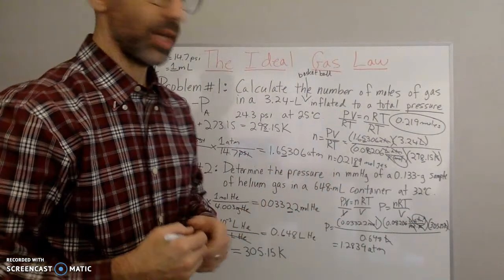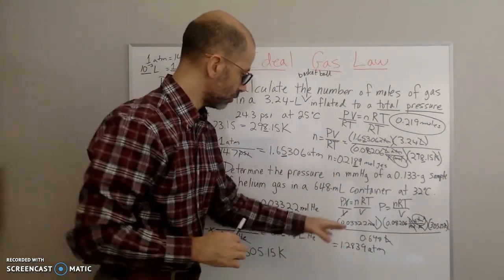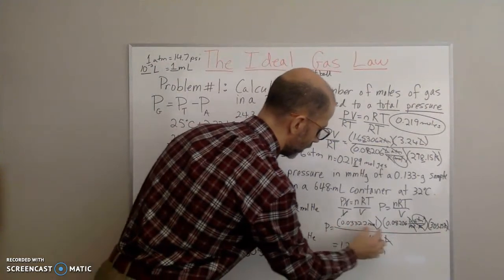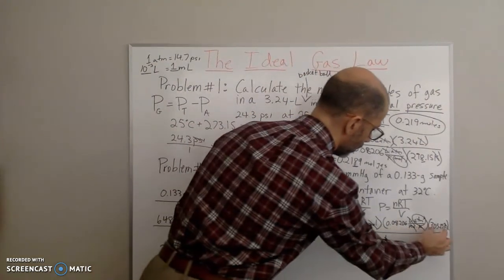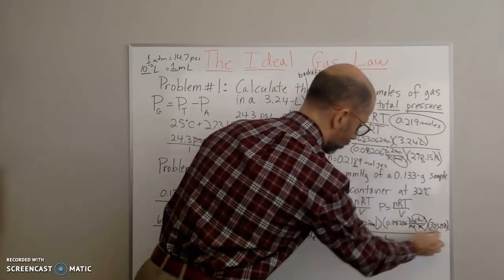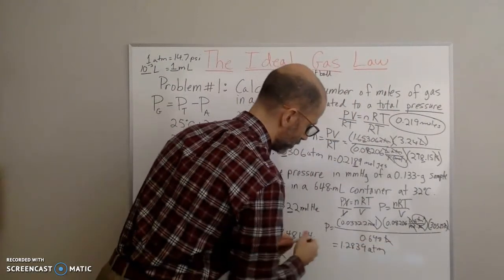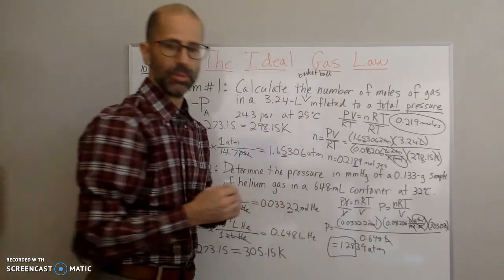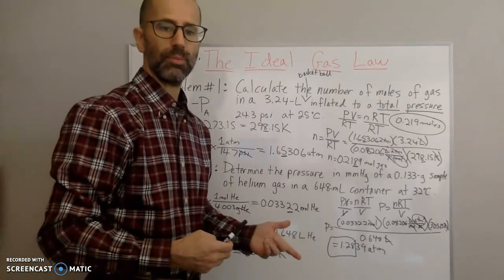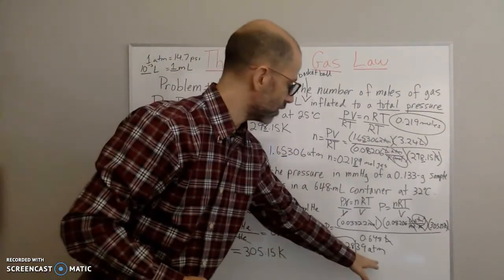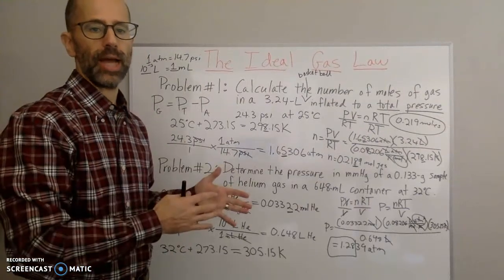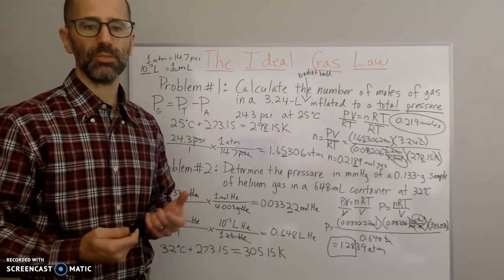And so here, and then I would look for my sig fig. So I have 4 here, 4 here. I'm only allowed 3 here, and I have 3 here. So I would cut it off at 3, and then that would be atmospheres. And then my last step would be to convert this to millimeters of mercury using the equality 1 atmosphere is equal to 760 millimeters of mercury.